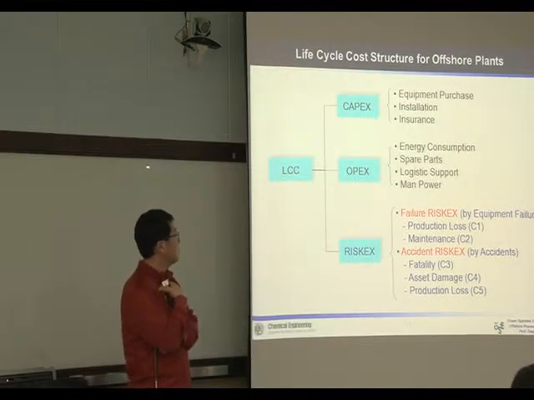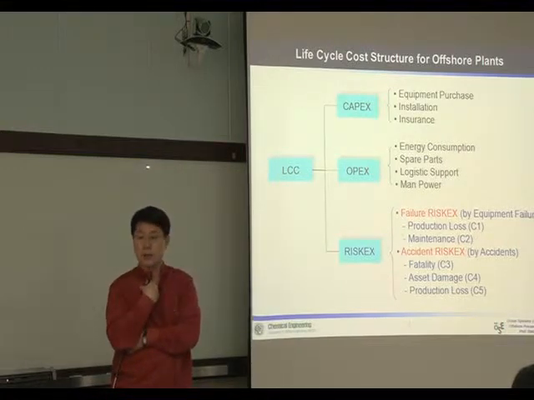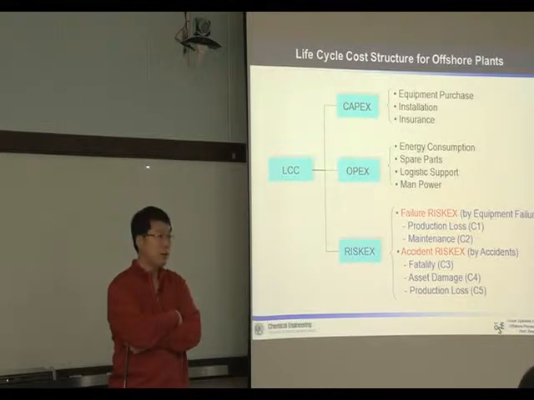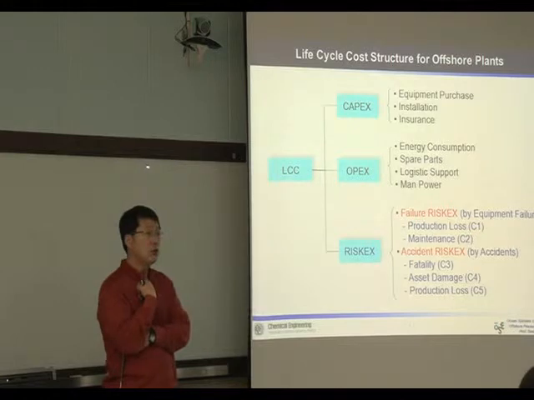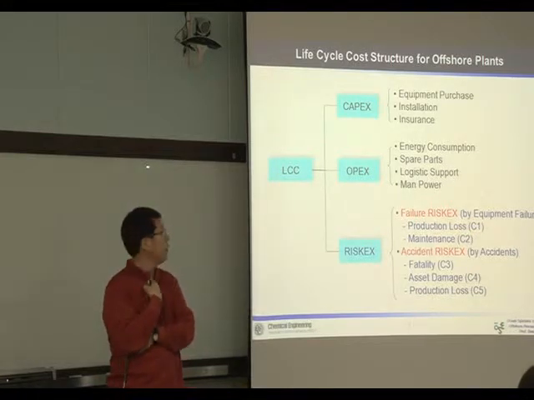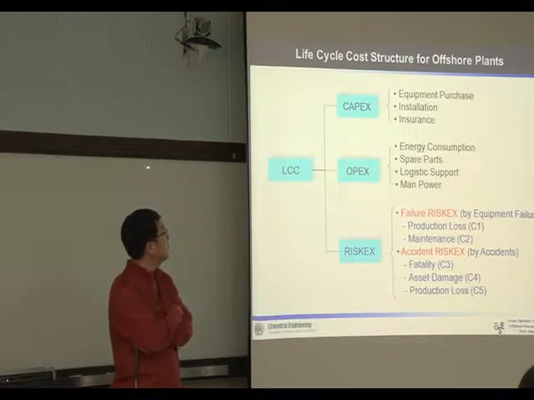Failure means the cost related to reliability. The maintenance in offshore is not as good as for the land-based plant. So maintenance is a really big job. So we should consider the cost for reliability. So I name it failure risk.